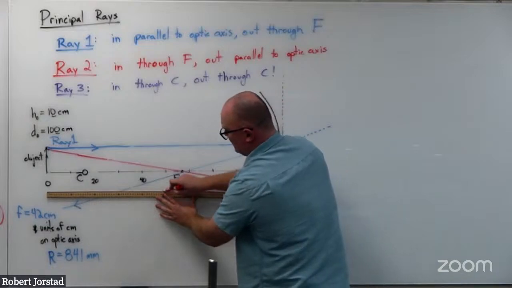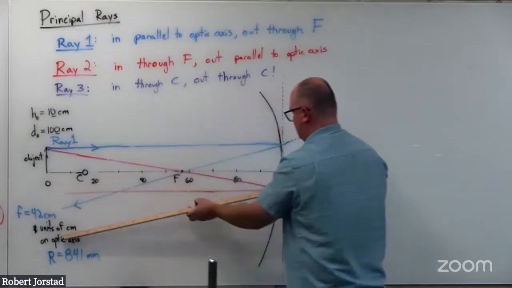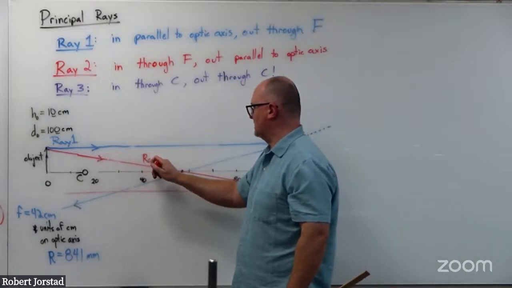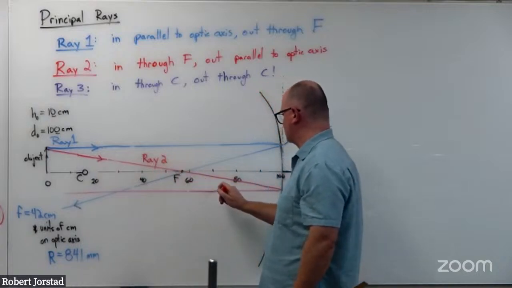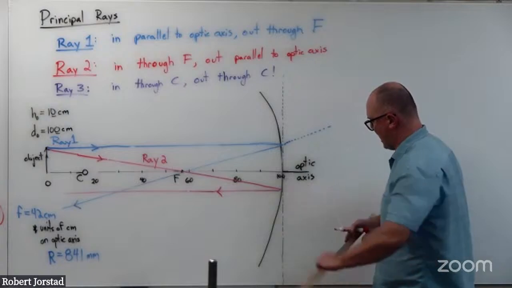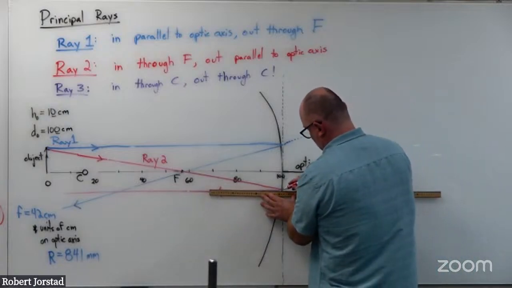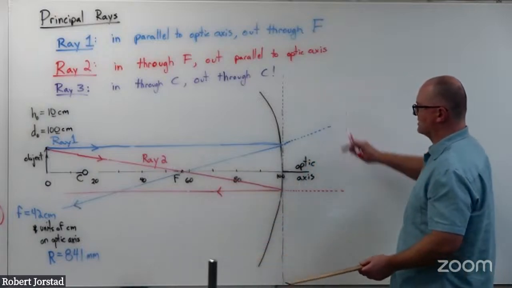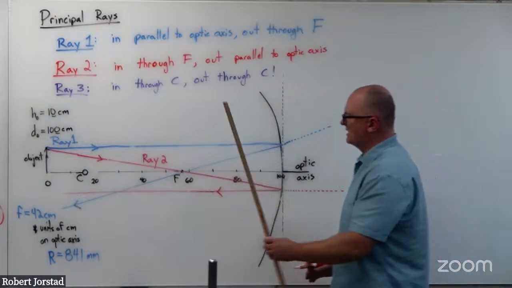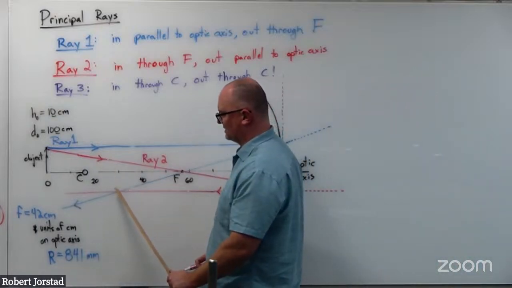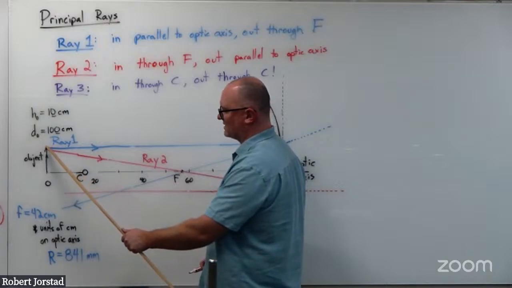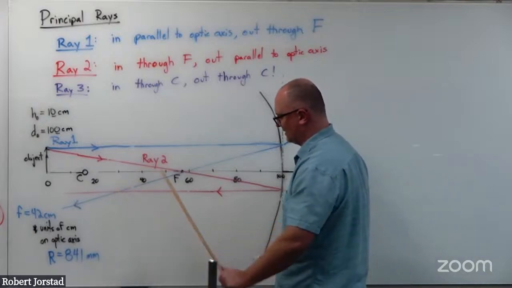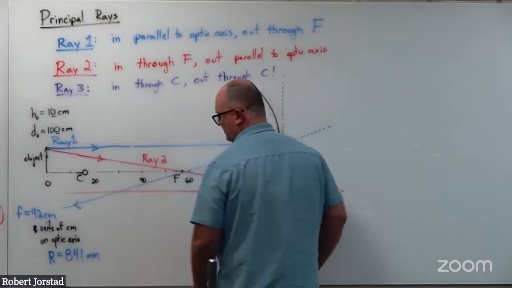That's not very parallel, but I did the best I could. So I'll put an arrowhead here. I'm going to call this ray 2, and then it comes out this way. And what can I do? Back extend the output. Now I can already tell these back extensions aren't going to meet. These two do meet up. I expect this is where the image is formed. So here's where the light rays started together. They spread out and then they come back. So we're expecting an image right around in here. Somewhere in there.